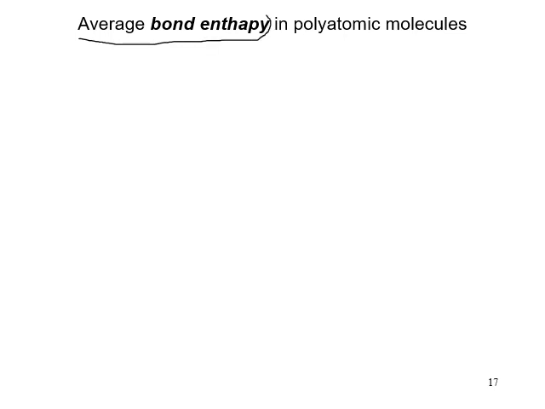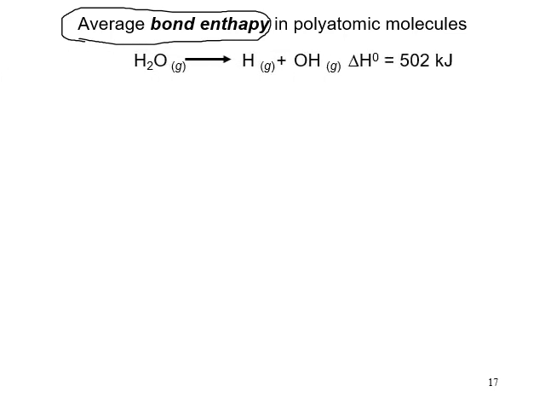These bond enthalpies were discovered by looking at the enthalpy of a reaction and then backtracking to what the bond enthalpies had to be in a ton of different chemical reactions, just like the enthalpies of formation were discovered and defined in your textbook. So here's an example of how bond enthalpies are determined. Here's H2O gas can be ripped apart into H and OH. There's an enthalpy for this reaction that can be measured.